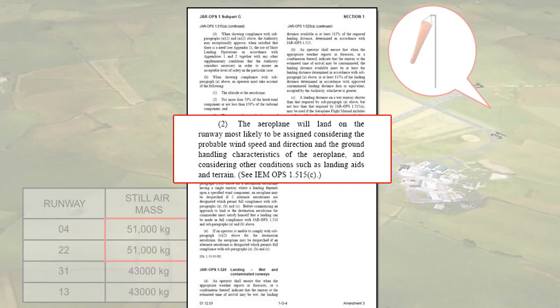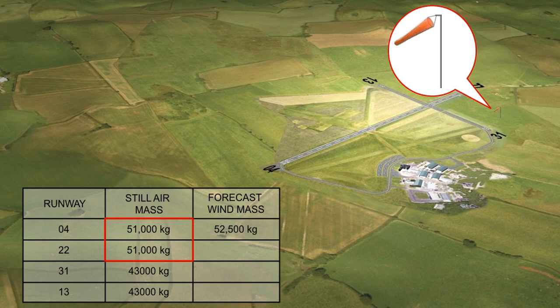The second dispatch assumption is that the aeroplane will actually land on the most likely runway to be assigned considering the probable wind speed and direction. In this case, runway 04 has a strong headwind for the landing, which will allow the aeroplane to land at a much greater mass than if there were no wind. In our example, the headwind has increased the maximum landing mass to 52,500 kilograms.